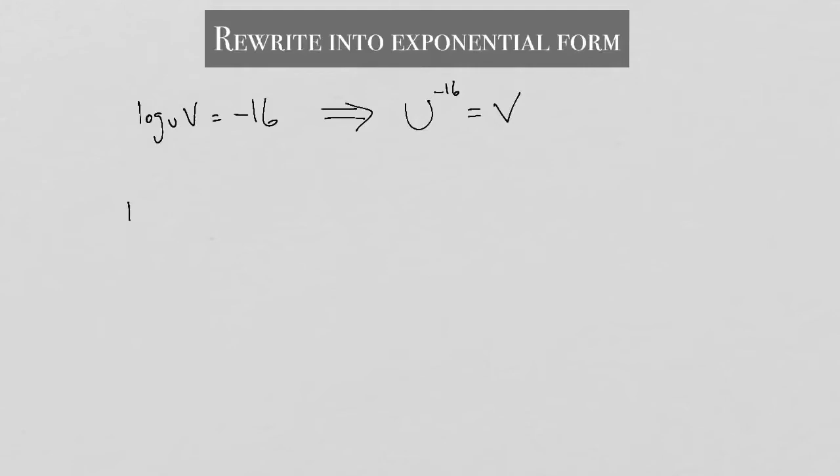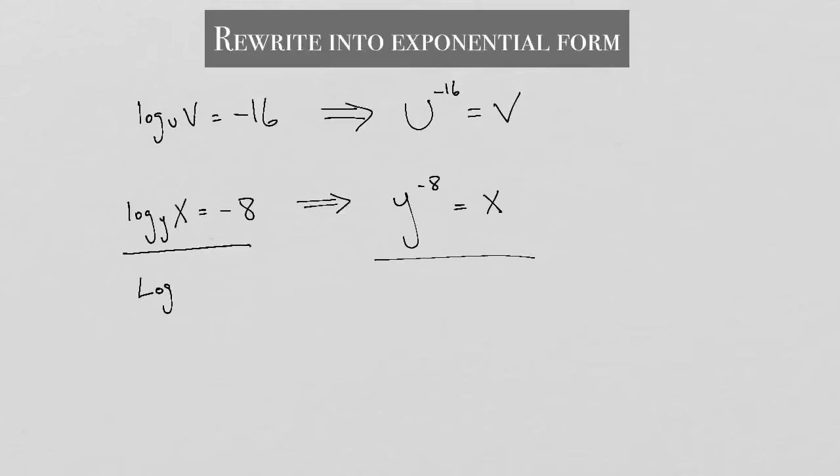Okay, what if we have log base y of x equals -8? What we're saying is that's y to the -8 equals x. Here's your logarithmic notation. Here's your exponential notation.